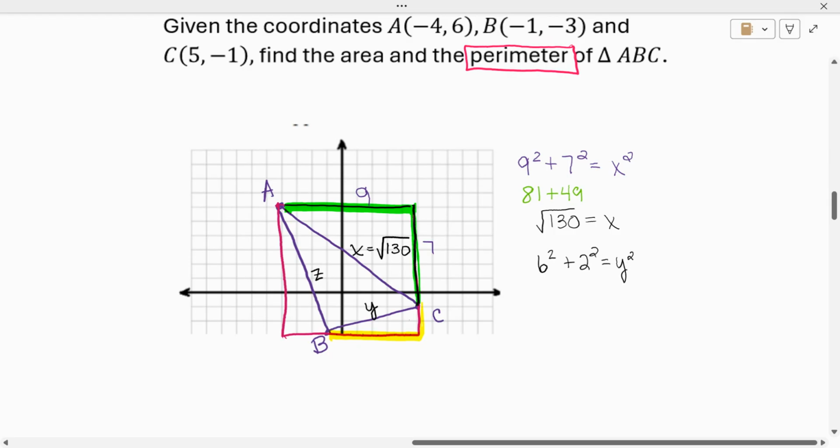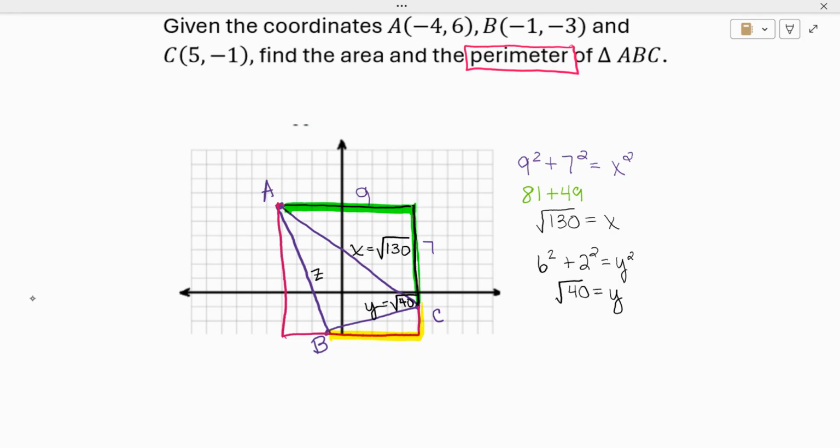Well, what is 6 squared plus 2 squared? 36 plus 4 is what? Is 40. So 40 equals y squared. What does y equal? The square root of 40. Good job, Isaac. So this is the square root of 40. Let's squeeze that in there. Square root of 40.